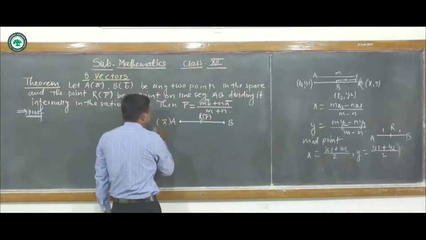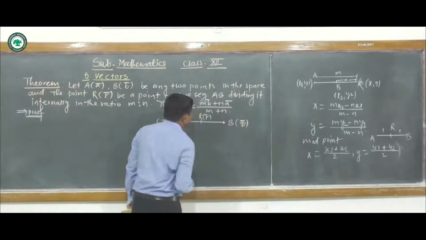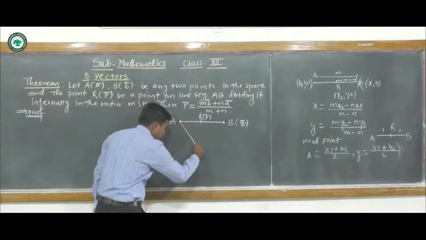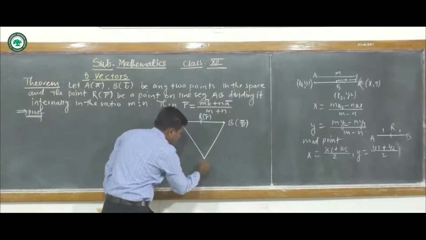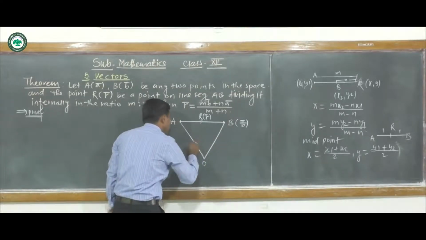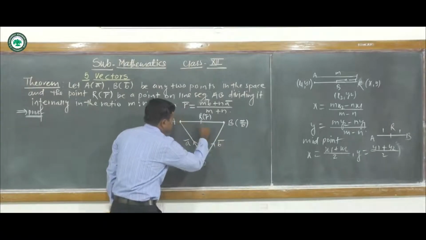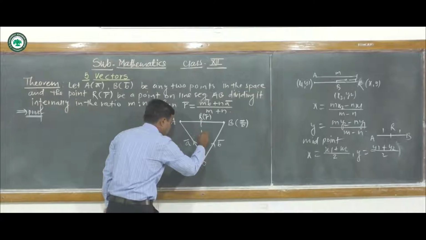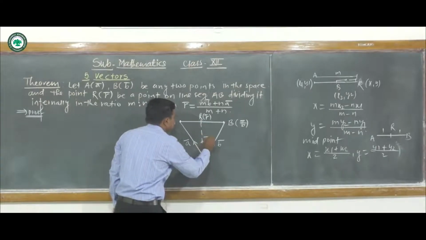This is the point A with position vector a bar, and this is the point B with position vector b bar. So this is point O, this is OA bar, so it is a bar. This is OB bar, this is b bar, and this vector is r bar.